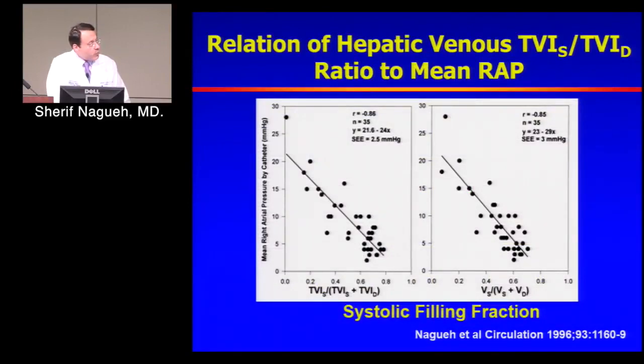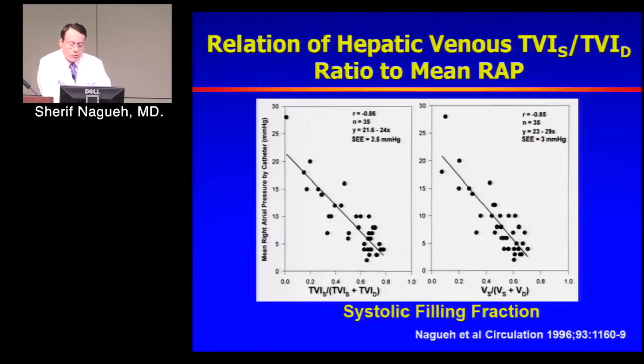The more the proportion of forward flow from the veins into the IVC during systole compared to forward flow during diastole, the lower the right atrial pressure. As that ratio drops, the RAP is higher. So this is the group with the high ratio, this is the group with the lower ratio, and it worked whether there is mechanical ventilation or not.